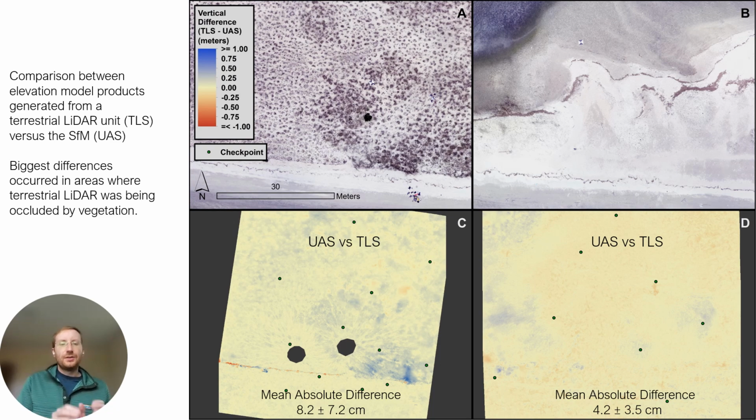And you can see here that in the vegetated areas, you have a lot more differences between the 2 different methods, the drone, the UAS, and the terrestrial LiDAR, the TLS, based on how the vegetation dynamics play out with those 2 different products. Whereas in the flatter, less vegetated area, you see a lot more conformity between the two products.